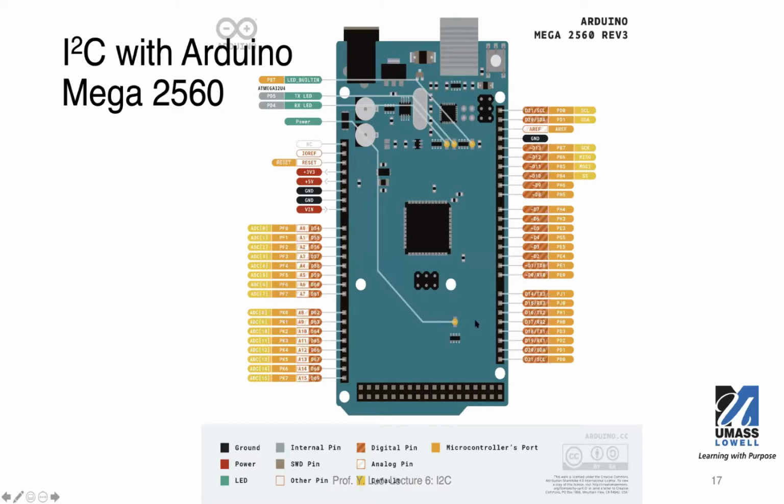This is the Mega 2560, and right here, this is the SDA and SCL, these 2 wires that you can connect to hook up a few I2C devices to the Arduino development board. And in our lab too, we will be using an I2C device. That is the MPU 6050.